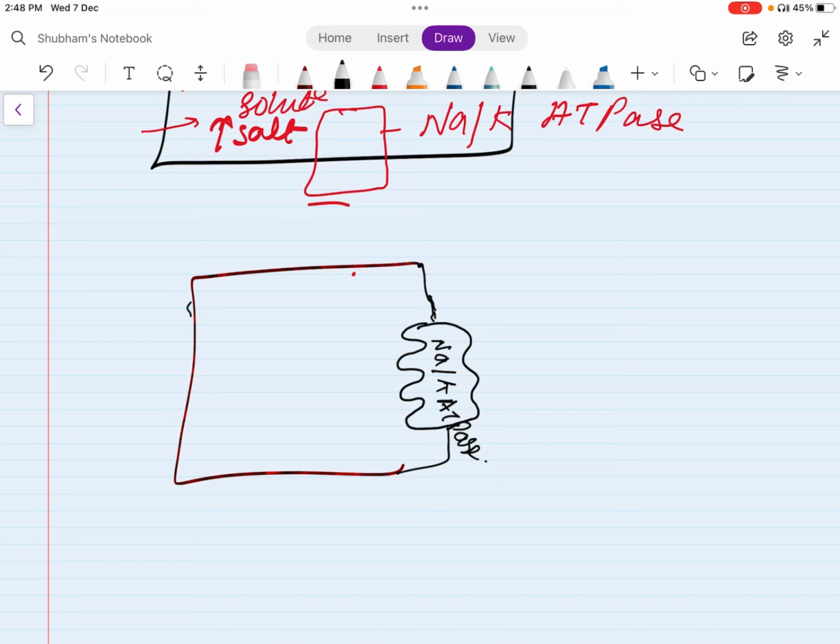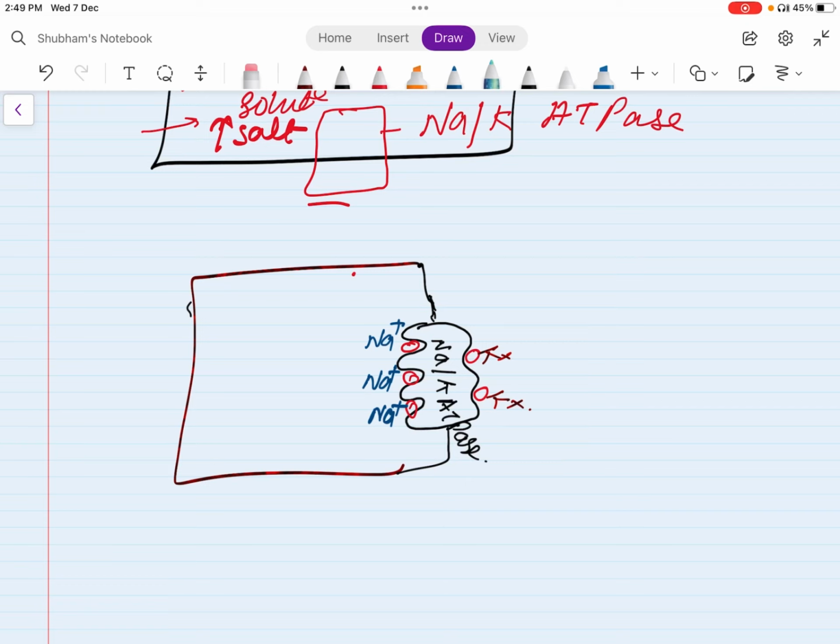What's so special about it? It has three active sites inside the cell and two sites outside the cell. So, for example, it attracts three sodiums inside, and on the outside it will attach to two potassiums. Okay, so three sodiums and two potassiums.